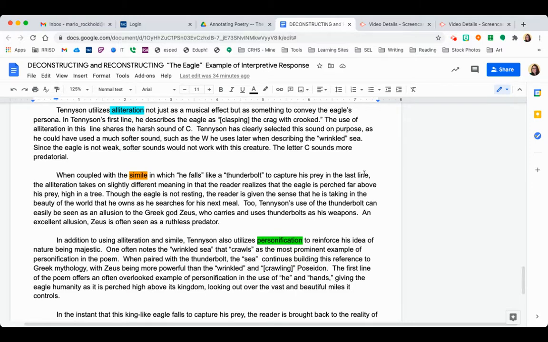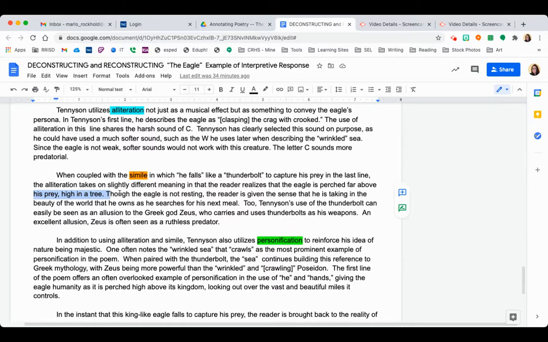It was something that he worked on and perfected, and so on and so forth. Okay, the alliteration takes on a slightly different meaning in that the reader realizes the eagle is perched far above his prey high in a tree. Okay, so no, I didn't talk about the alliteration and the clasping the crag with crooked hands in this paragraph, but I do right here.